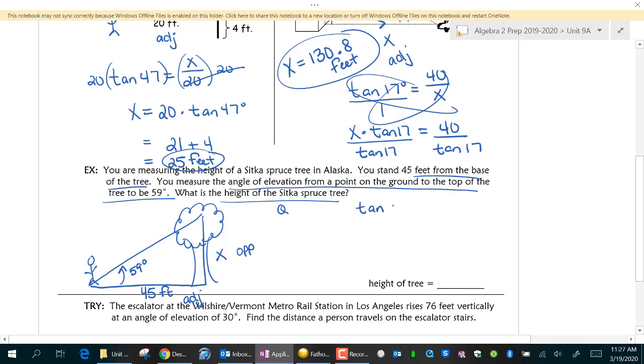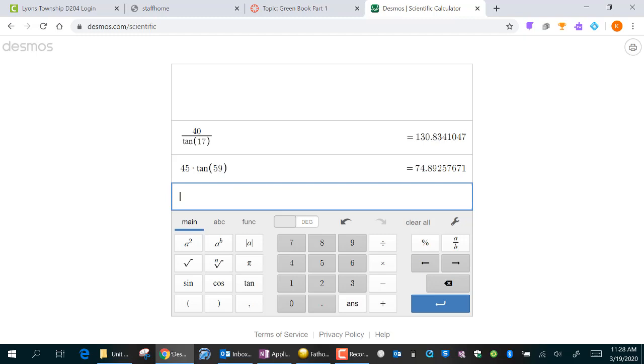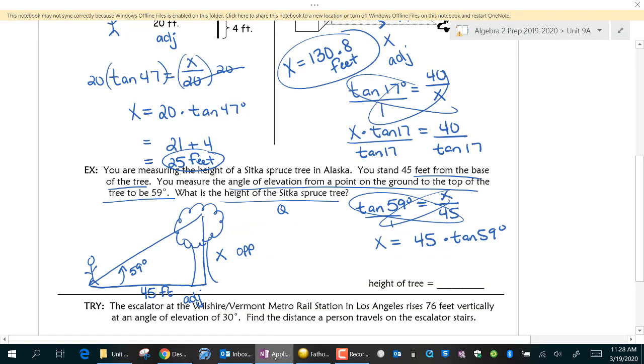So tangent of my angle, 59 degrees, equals X divided by 45. So you can either multiply both sides by 45 or cross multiply. You're really going to be doing the same thing. So 45 times tangent of 59. I go to my calculator. And we get 74.89. And my units are still in feet.